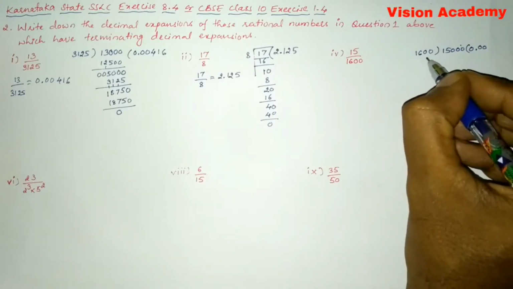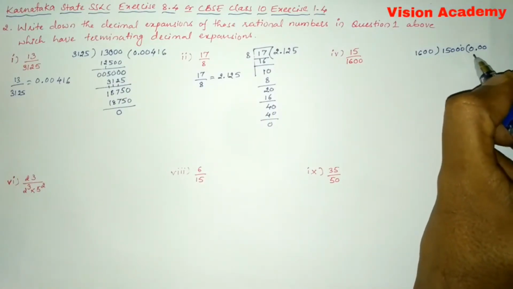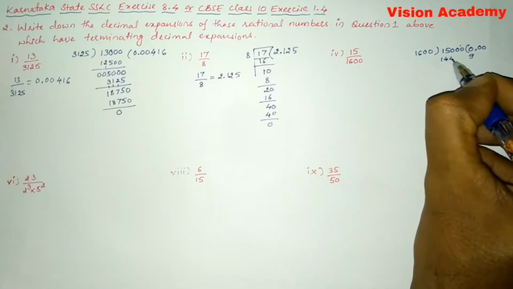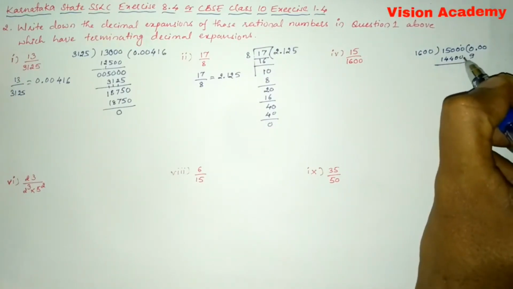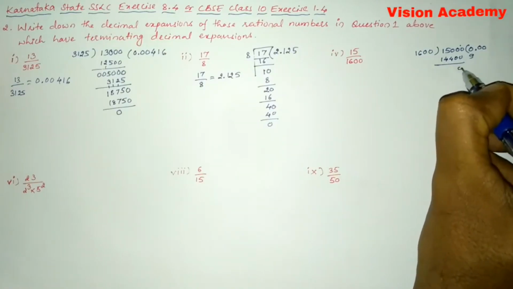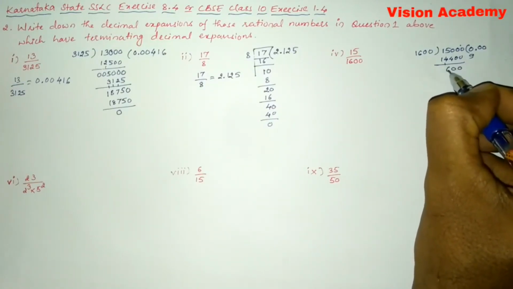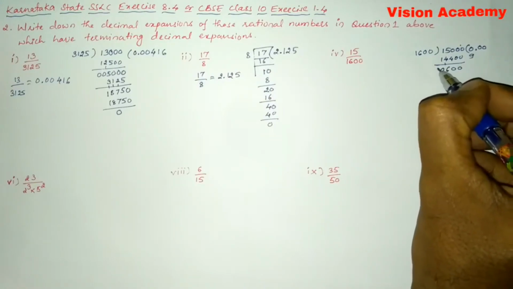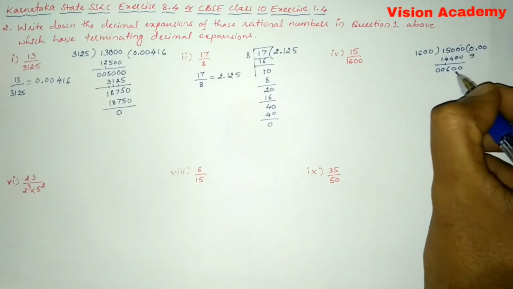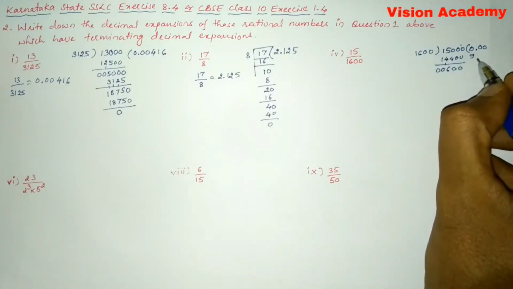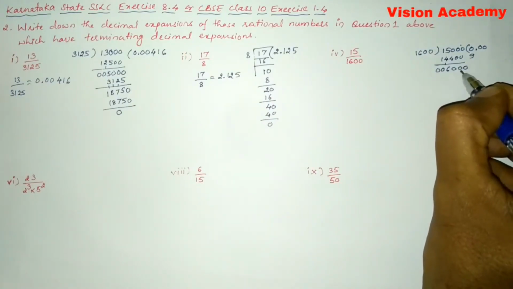So 1600 nines, we are going to get 14,400. Here let us subtract 0 minus 0 0, 0 minus 0 0. So let us take 10 minus 4 is 6, and 5 minus 5 is 0, 1 minus 1 is 0. Here we got 600, which is less than 1600. Let us take one more 0. It will become 6,000.